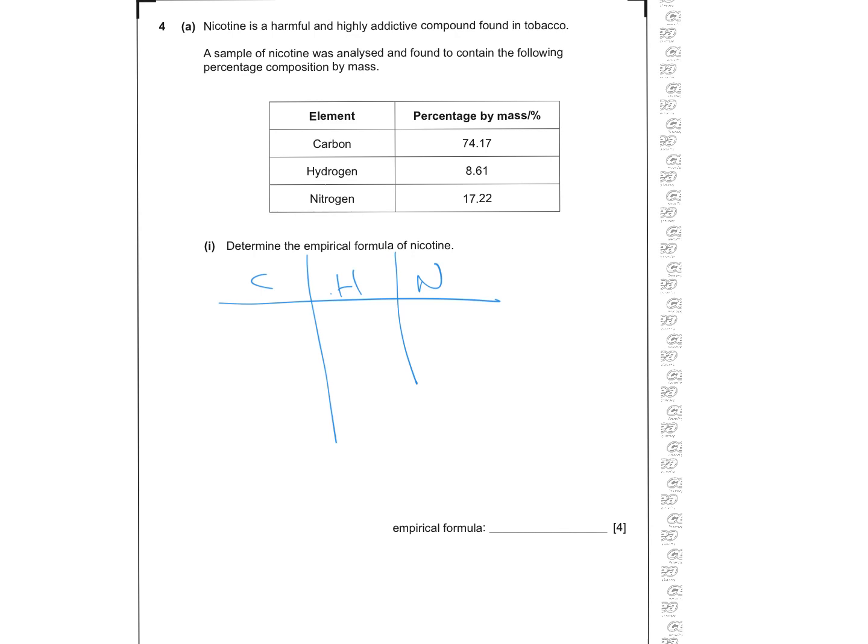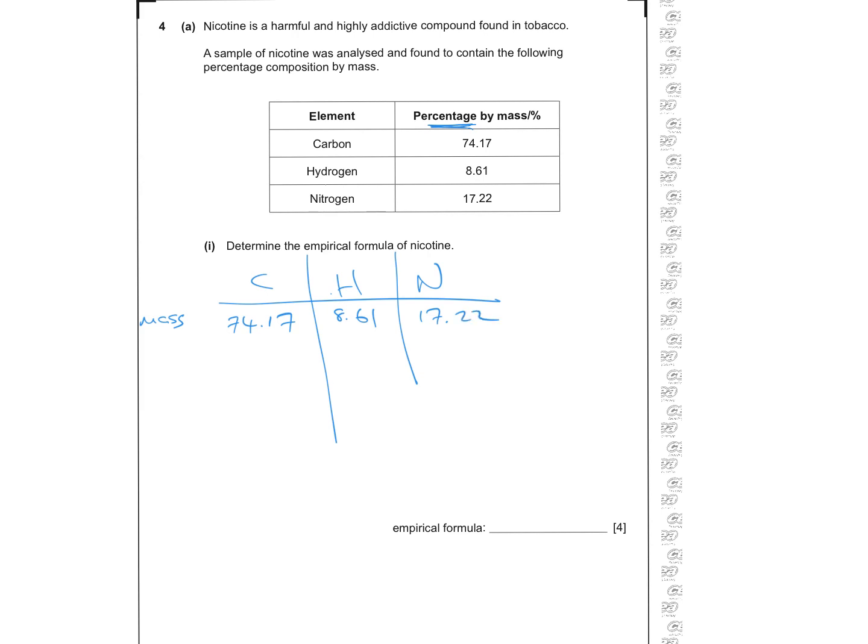So you imagine if you have 100 grams of it, or 100% of something, then that's going to be equivalent to mass. So we've got 74.6 0.17% or grams. So I'm just going to write mass here, that are carbon, then 8.61 hydrogen and 17.22 nitrogen.